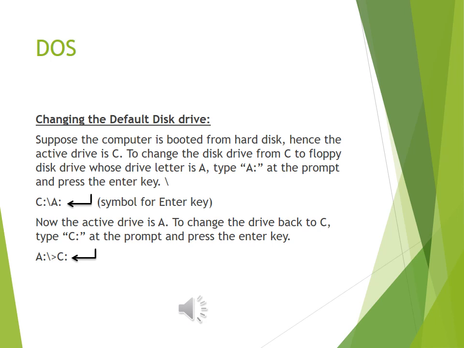Now the active drive is A. So to change the drive back to C, you have to repeat the same procedure, but instead of A, you have to type capital C at the prompt and then press the enter key.